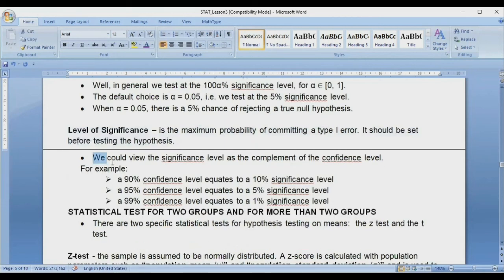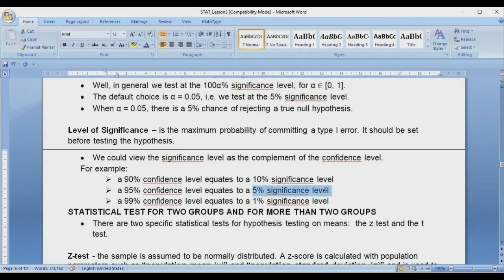So meron tayo dito nakalagay, we could view the significance level as the complement of confidence level. For example, okay, so 90% correct decision or confidence level is equal to 10% significant level or 10% error. Pag in-add mo kasi sila, 90 plus 10%, 100%. Pag 95% naman yung confidence level mo, correct decision, ilan na commit mong error? 5%.